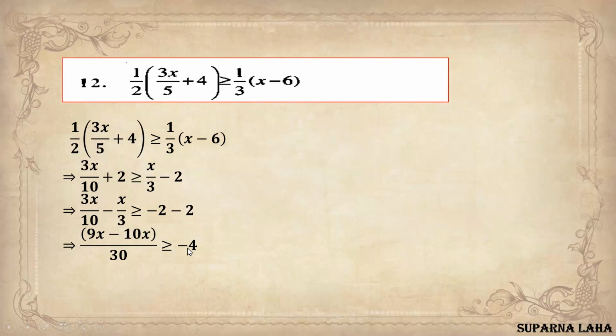So ultimately minus x is greater than or equal to minus 120, and x is less than or equal to 120. So this is the solution. Why are we changing the inequality sign? Since we are multiplying both sides by a negative number.